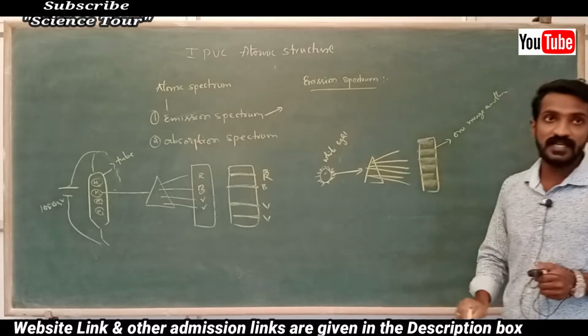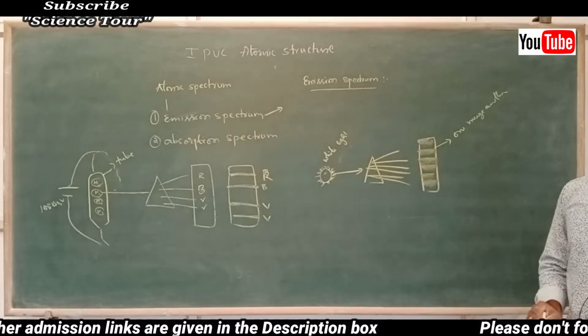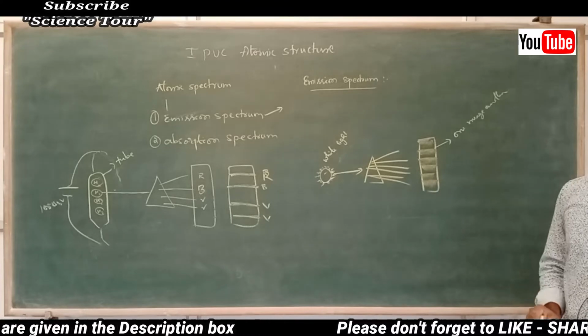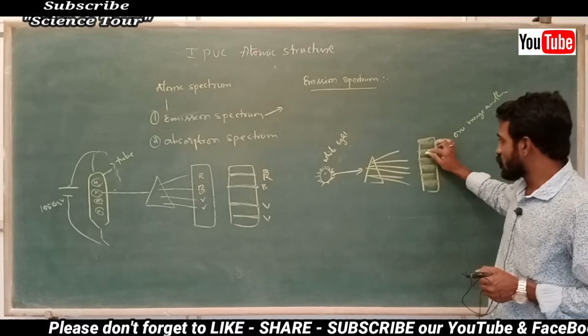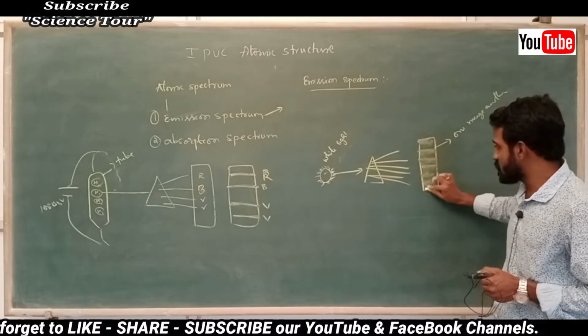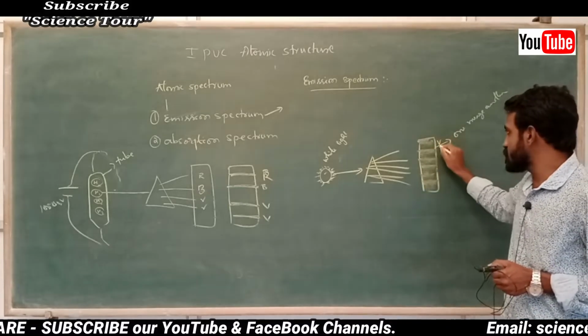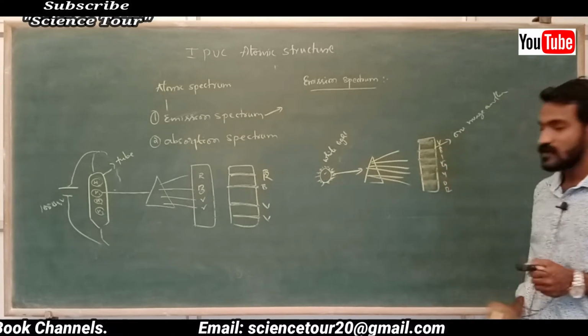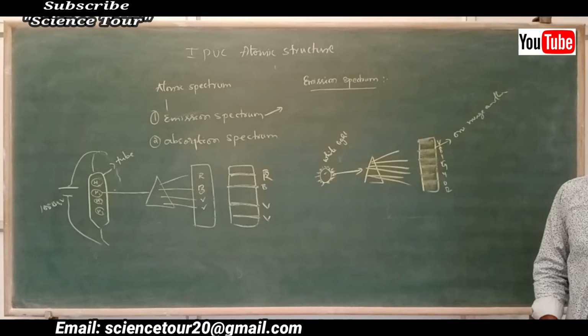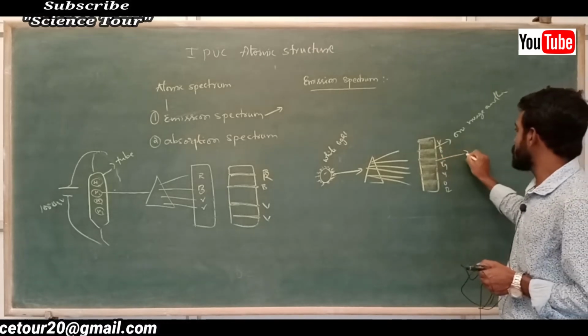This is actually an example for continuous spectrum. In this what you can see, one color merges over another color, there is no gap, so you are arranging VIBGYOR, there is no gap, correct? This is called continuous spectrum.